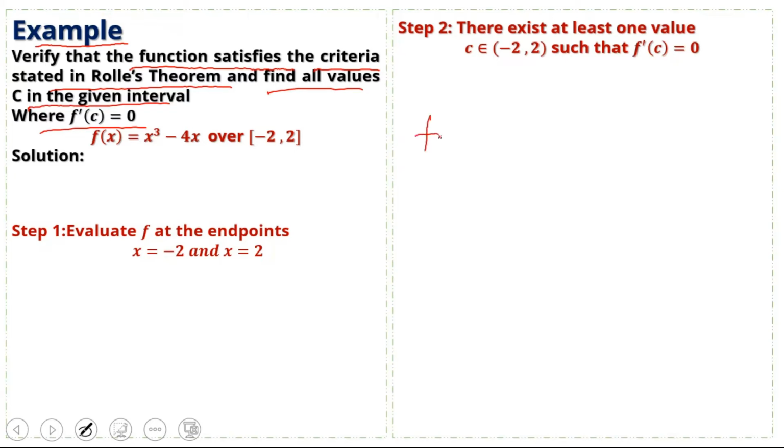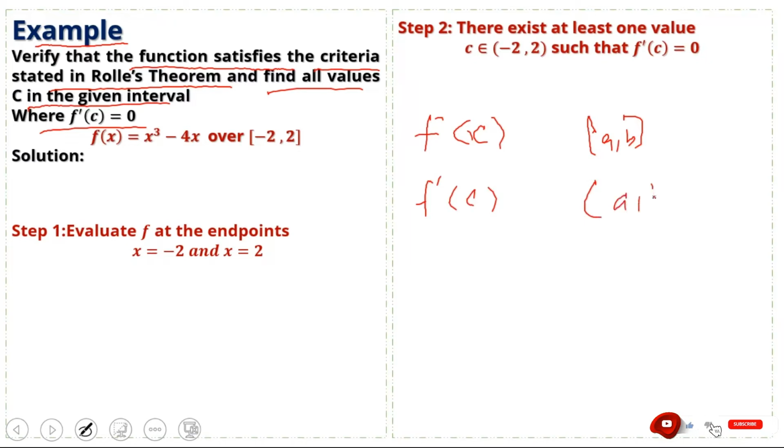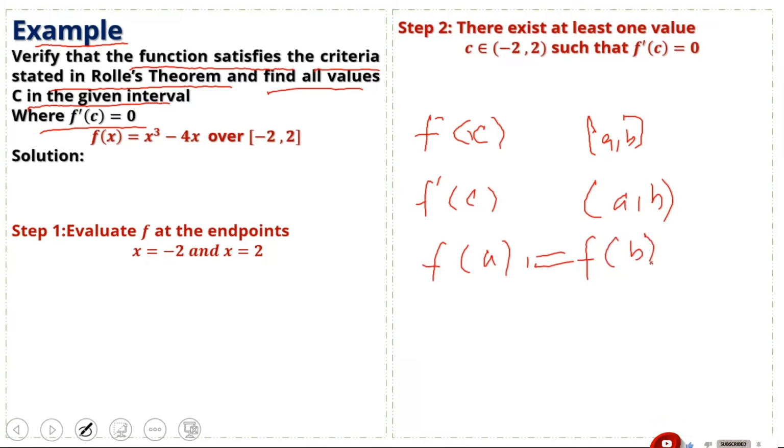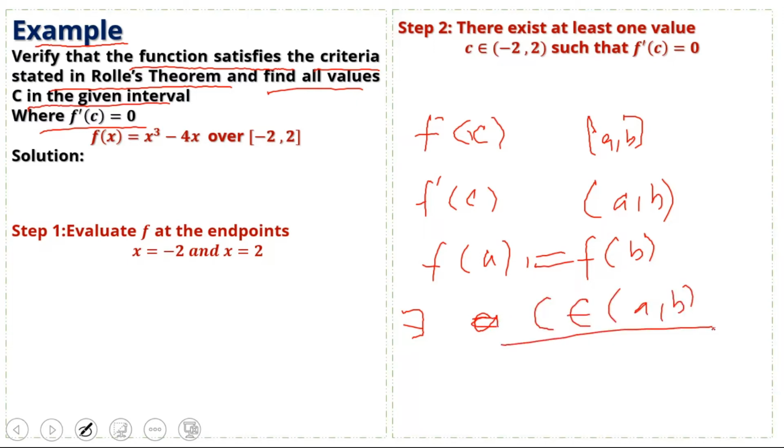If the given function is continuous over the closed interval, and differentiable over the open interval, and the value of the function at the endpoints of the interval is the same, then there exists at least one interior point c that belongs to the open interval, and at this point the derivative of the function is equal to 0.